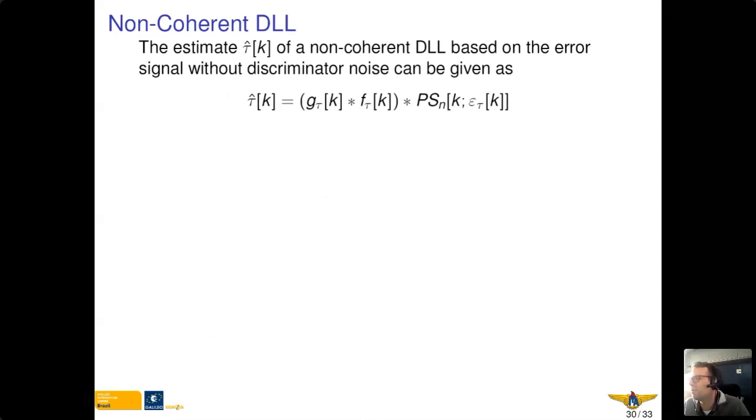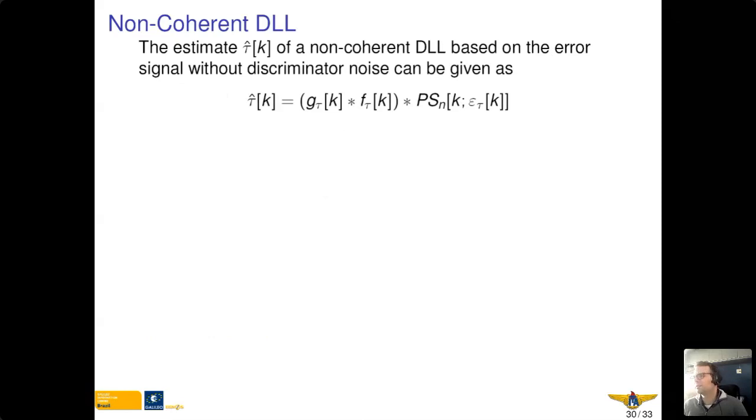If you go back to the slide of the DLL, we can see that the output of the loop, before the new estimate of the time delay is fed to the code generator, is tau hat at time instant k, and this is a result of the error signal, now without noise, which is p times the loop S curve dependent on the time delay estimation error. And then this is convolved.